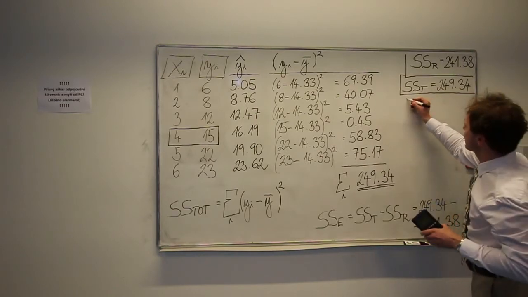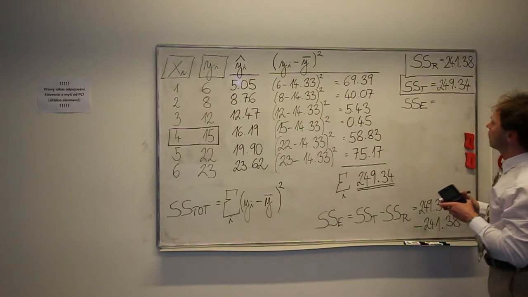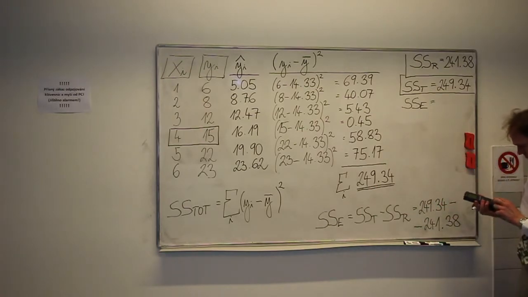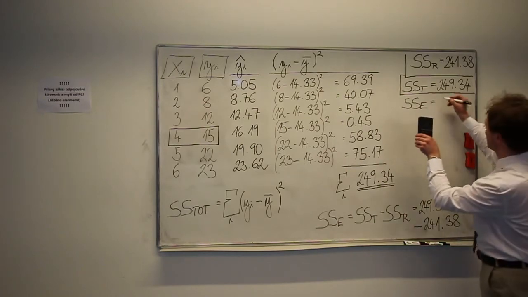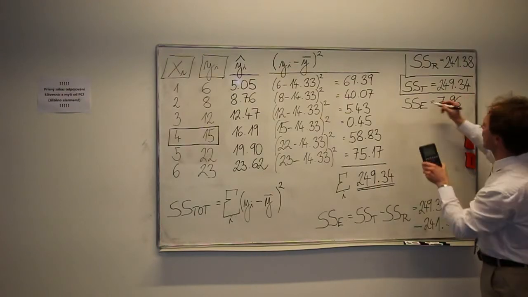I will write the result here, the sum of squares error, and I will calculate a proof, like a bonus. So 249.34 minus 241.38. The result is 7.96.